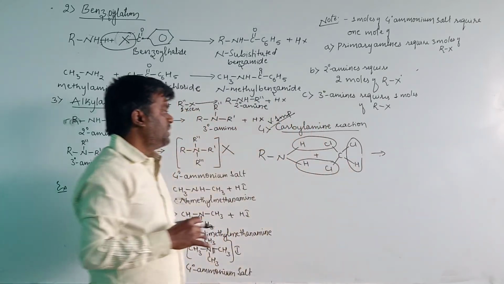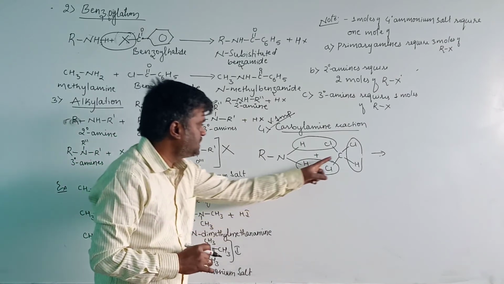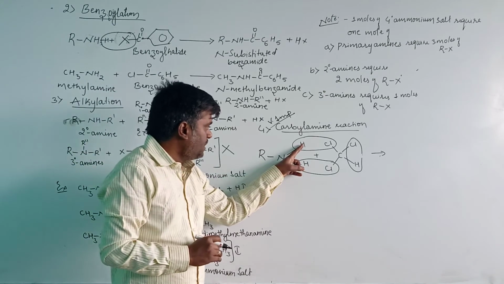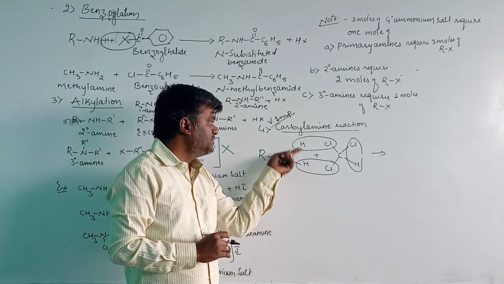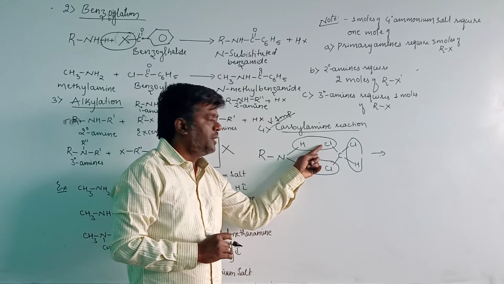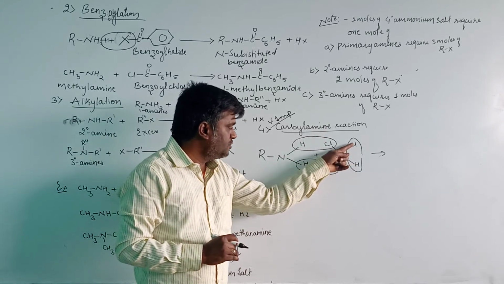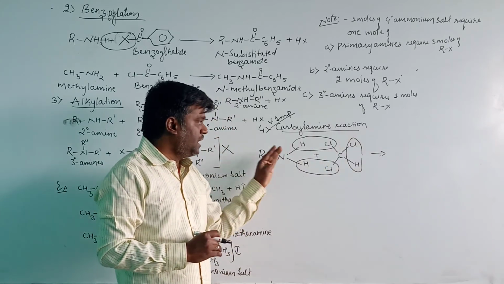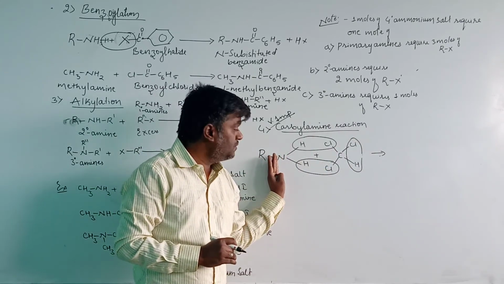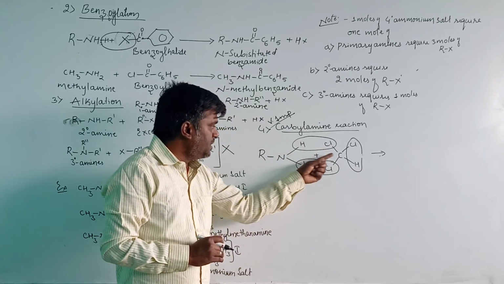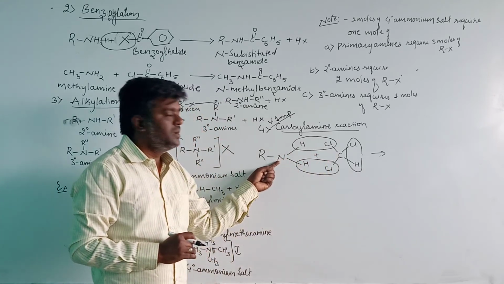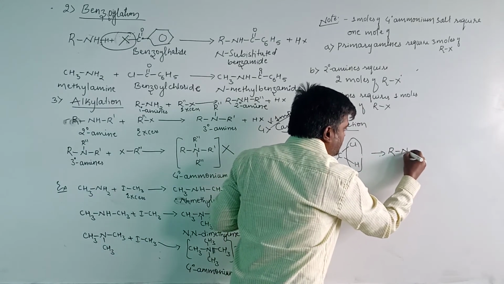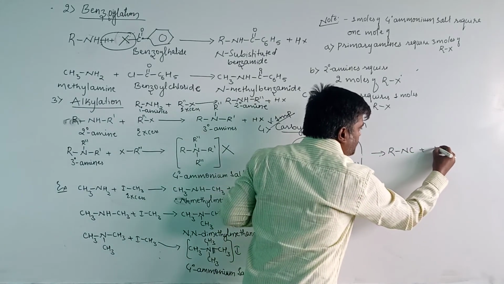Three hydrochloric acid will be formed, and the remaining carbon is attached to the nitrogen. Two hydrogens from the amine get converted to hydrochloric acid, and the hydrogen and chlorine of chloroform combine to form hydrochloric acid.